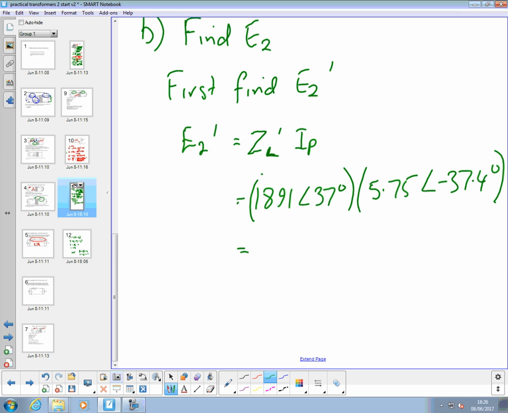So we can essentially assume they do cancel out. Do you see what I mean? So what do we get when we multiply 1891 by 5.75? 10,867 volts, angle 0 degrees.